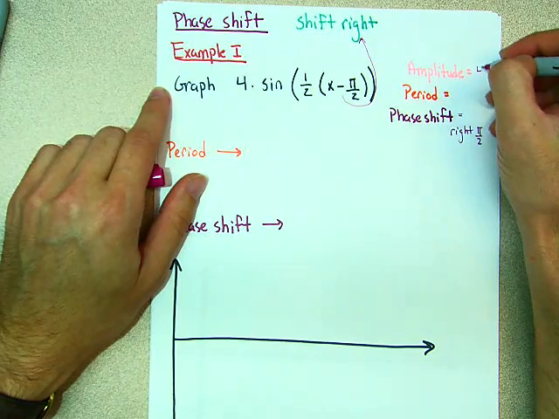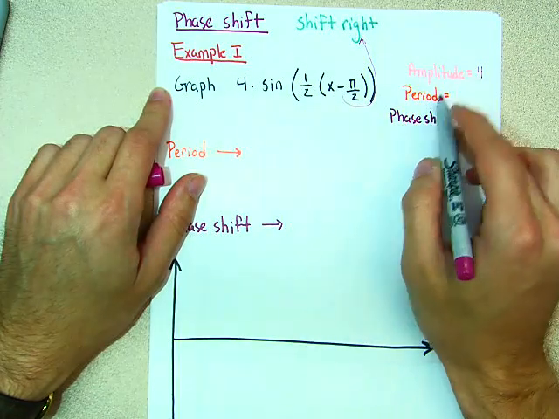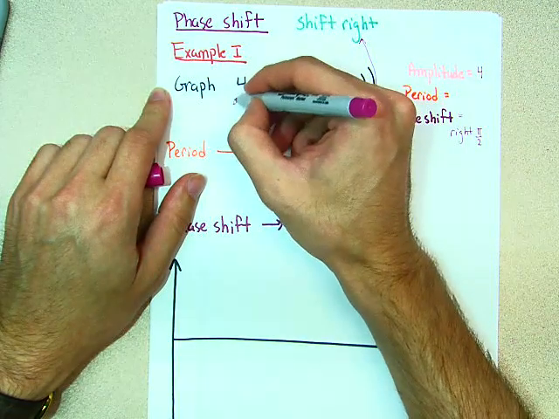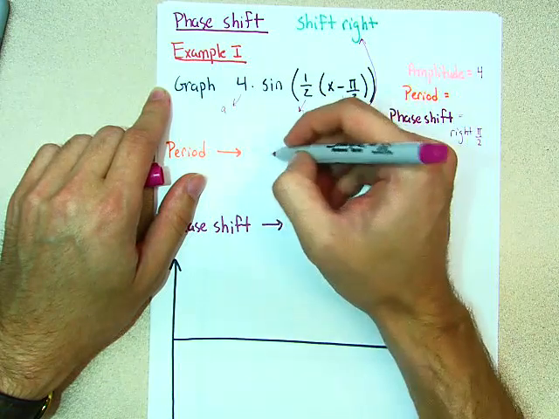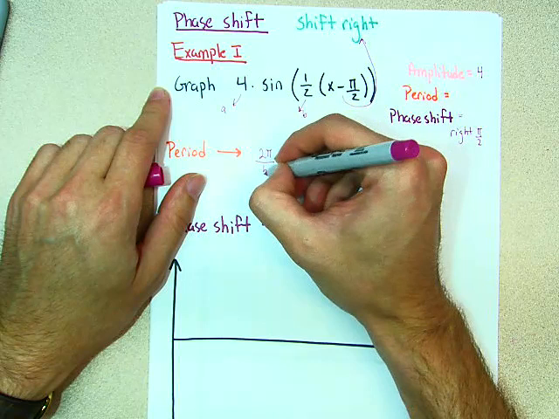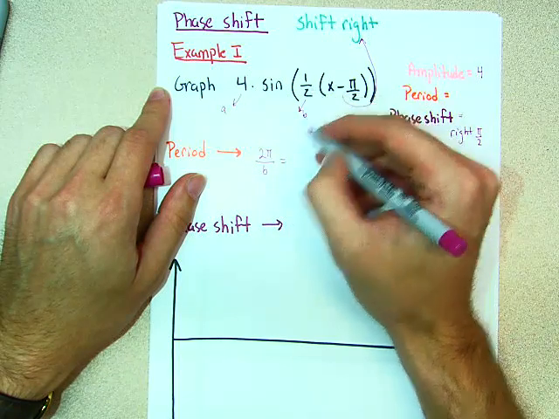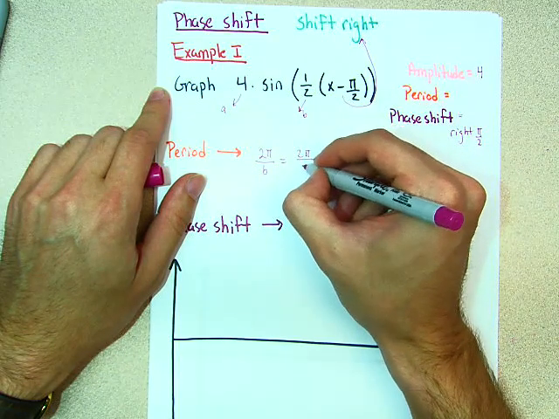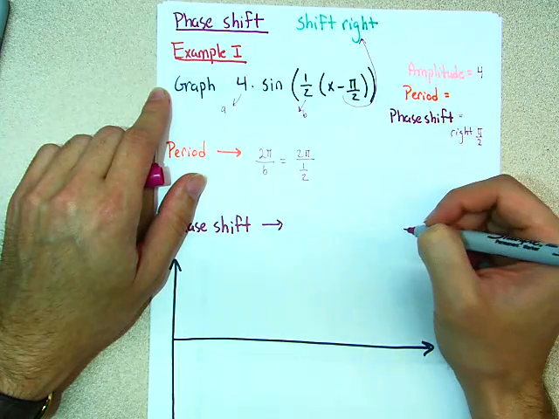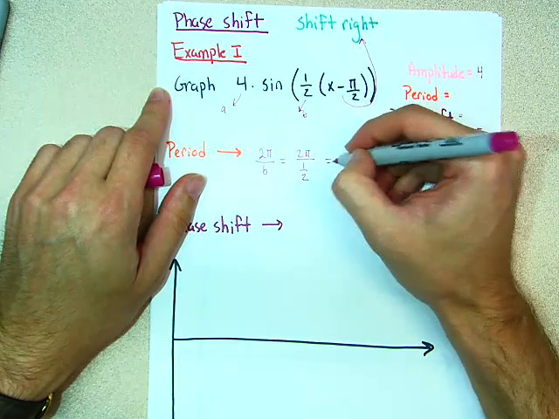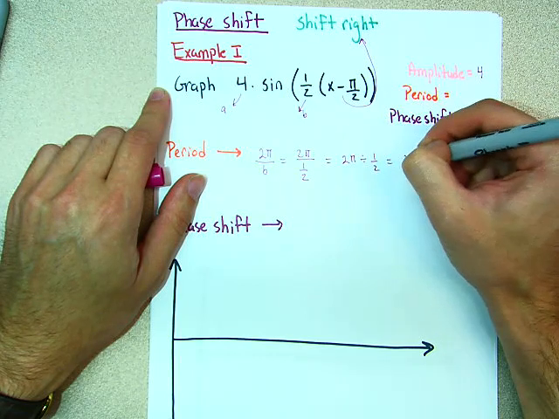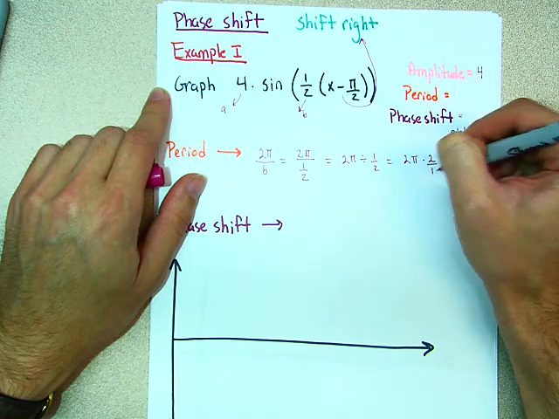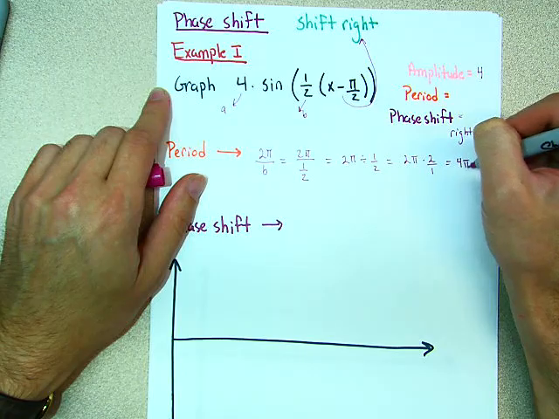Here, finding the amplitude, well, that's straightforward. This 4 is our amplitude, and then how do we find the period? Well, remember, this represents the A, this represents the B value, and what's the formula for period? It's 2 pi over B. And what's our B value? It's a half. So this is 2 pi divided by 1/2, which is equal to 2 pi times 2 over 1, which equals 4 pi.